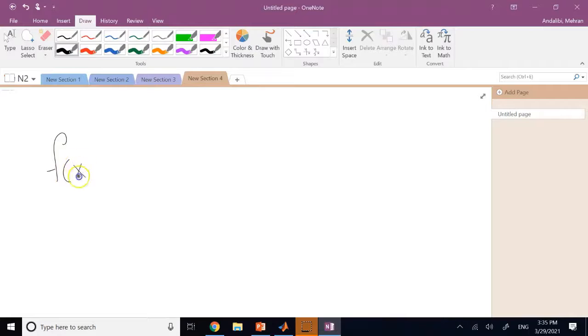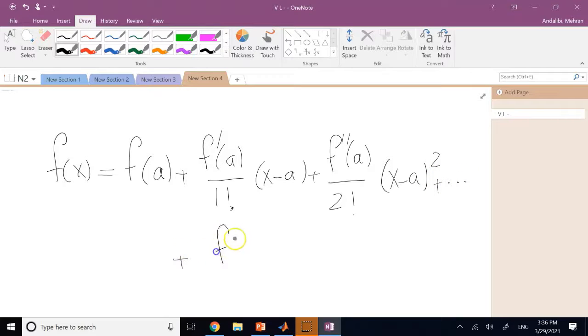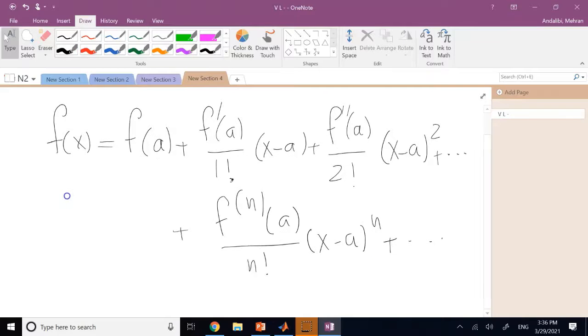It says f of x can be written as f at point a plus f prime at point a divided by 1 factorial times x minus a plus f double prime at a divided by 2 factorial times x minus a squared plus dot dot dot plus the nth derivative at a divided by n factorial times x minus a to the n and all the way to infinity.